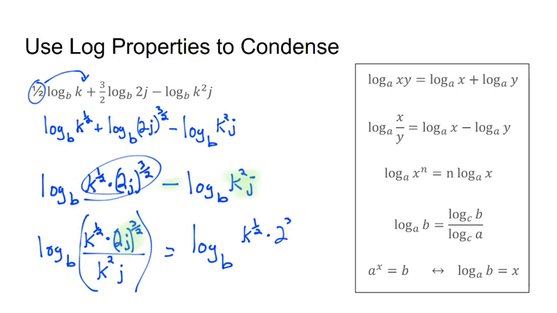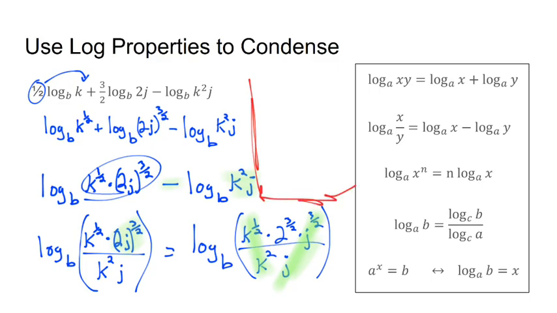So we have 2 to the 3 halves times j to the 3 halves, and that's going to be all over k squared j. And then my last step, and man, I'm running out of room here. I did not plan well. I am going to subtract exponents here, because there are just exponent properties there and exponent properties there.